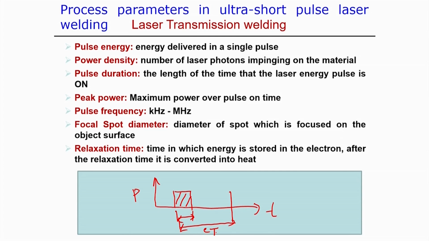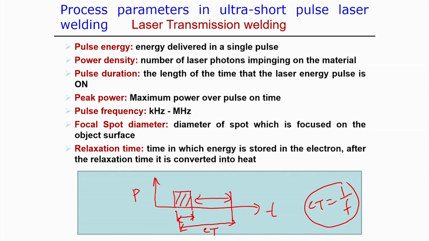If the laser pulse application frequency is f, then the cycle time is 1 by f. Over the cycle time, for some part we apply the pulse, and for the remaining time there is an off time, with no application of pulse energy.